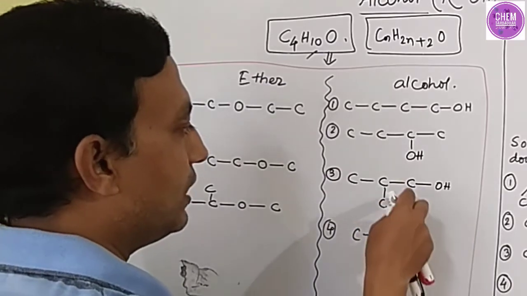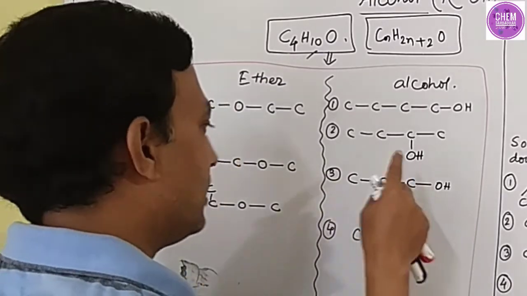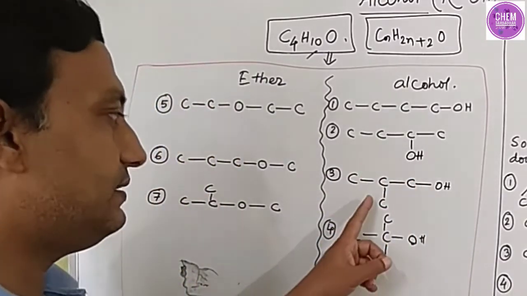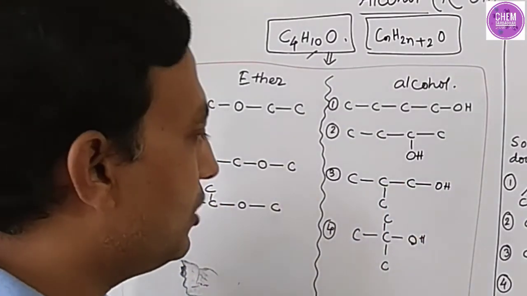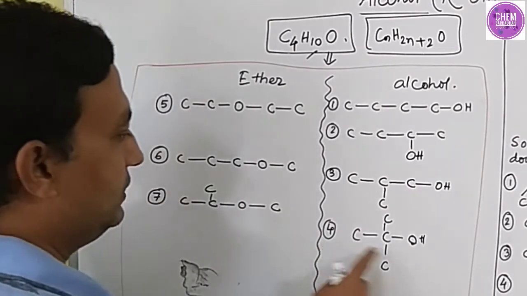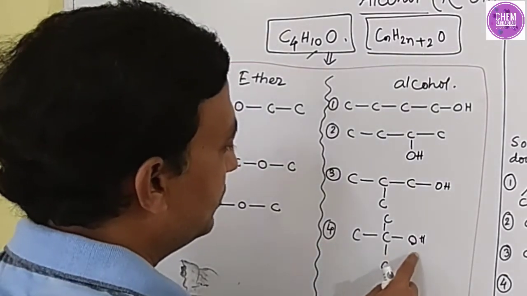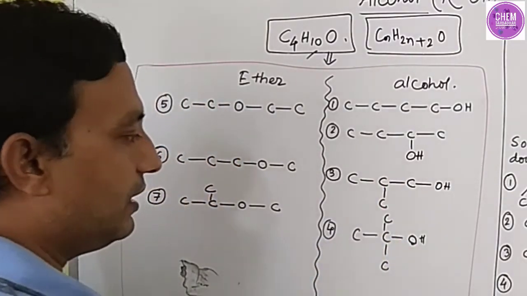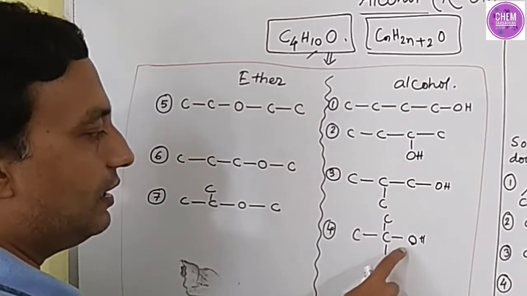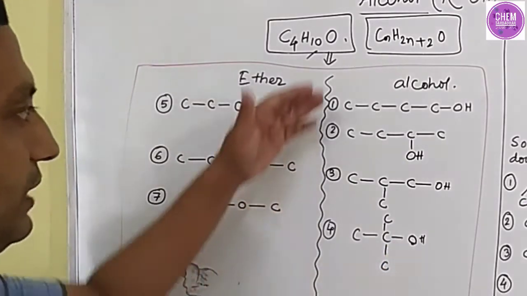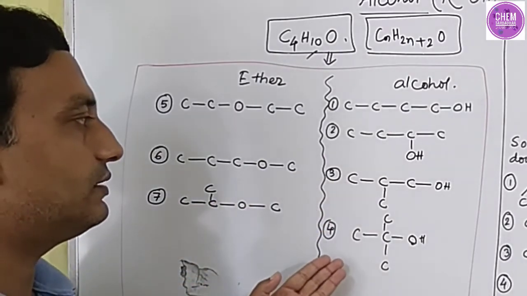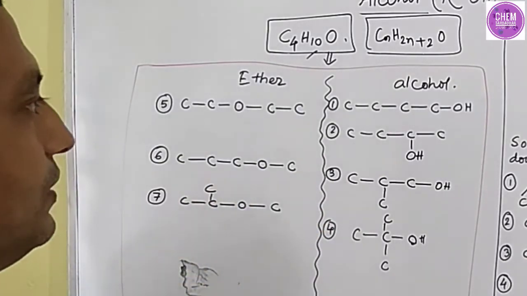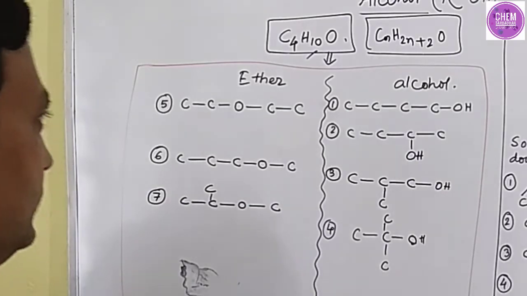That's why it is known as propanol, 1-propanol definitely, but there is a methyl group, so 2-methylpropan-1-ol, and the fourth is tertiary butyl alcohol. This is the general name, tertiary butyl alcohol. So we get 4 structural isomers of alcohol.